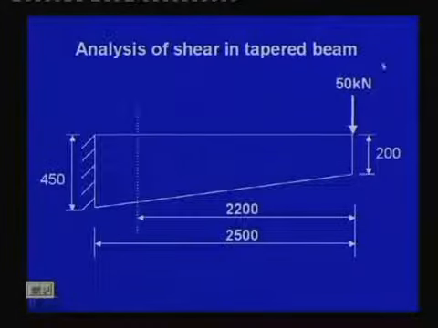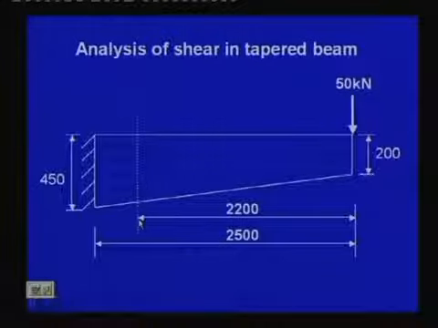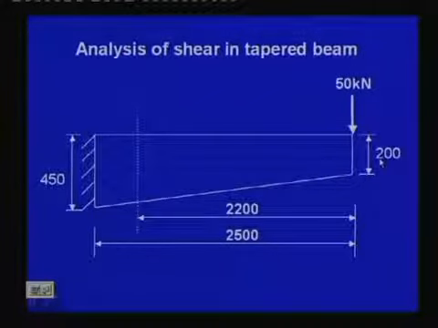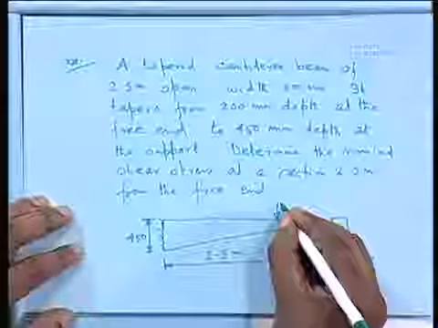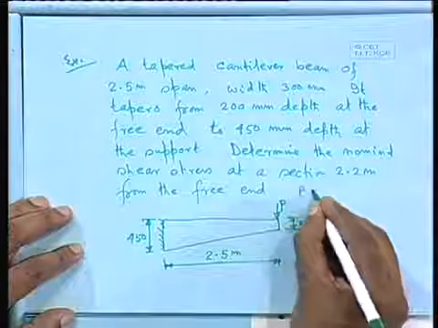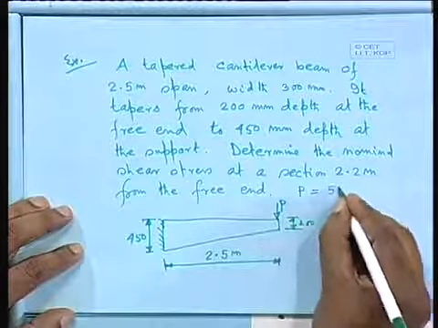So we are interested to find out the shear force here at this section due to this varying depth. We have 200 millimeter, all dimensions are in millimeter, and I forgot to tell you that the applied P is 50 kilonewton.